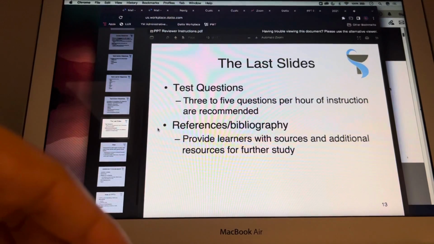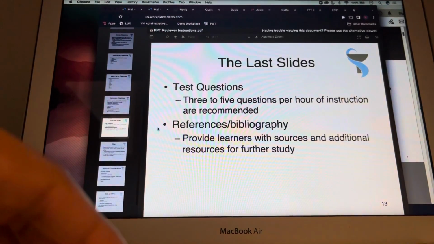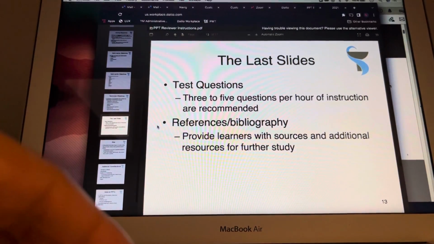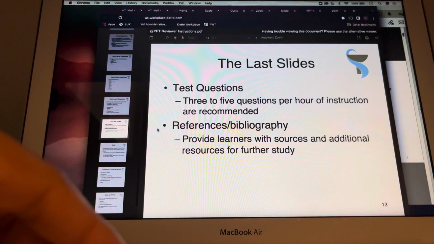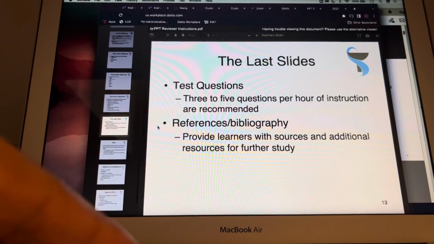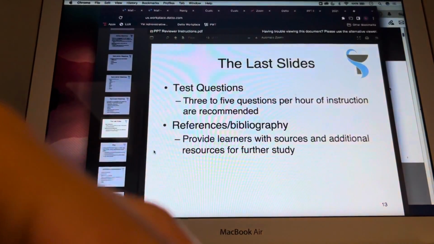References and bibliography are also required. We want to be able to provide learners not only with the information from the speaker, but with the sources that they used, as well as additional resources needed for further study.